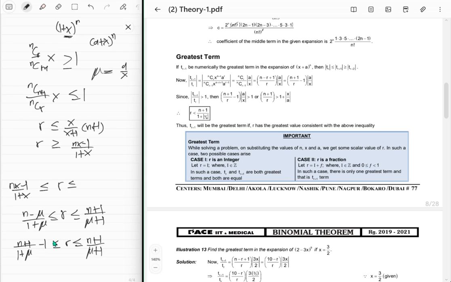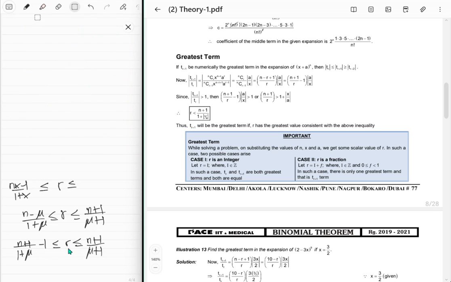I mean, these quantities may or may not be actually integers, so that's problematic. But we have this thing happening. Think about it like this. So we'll think about this inequality first.